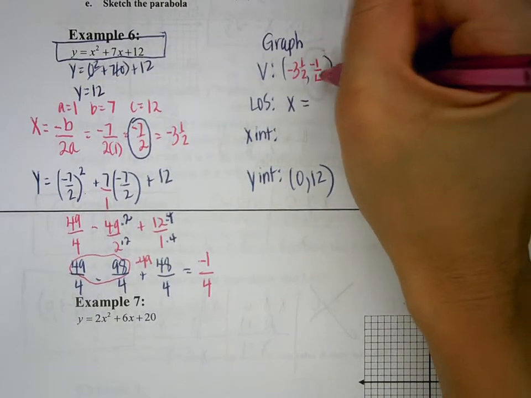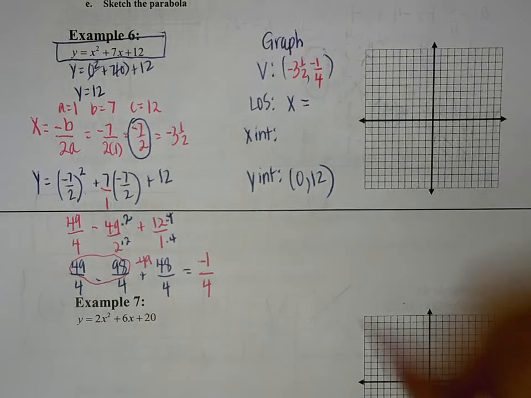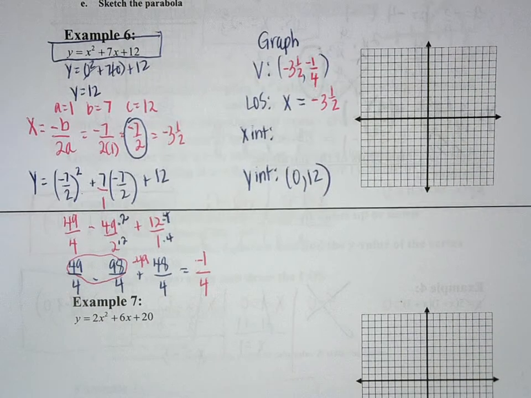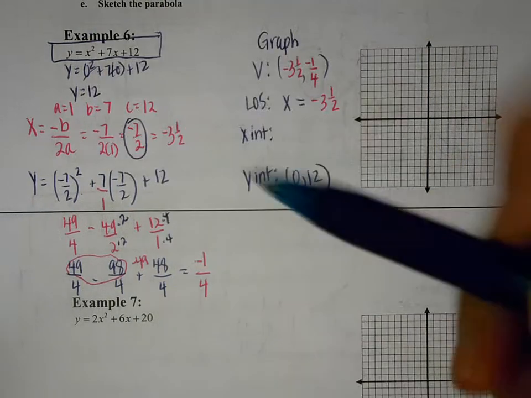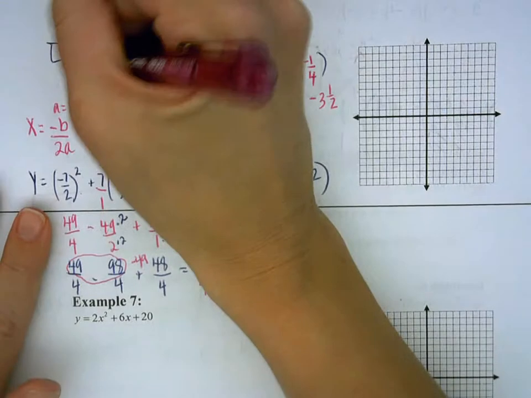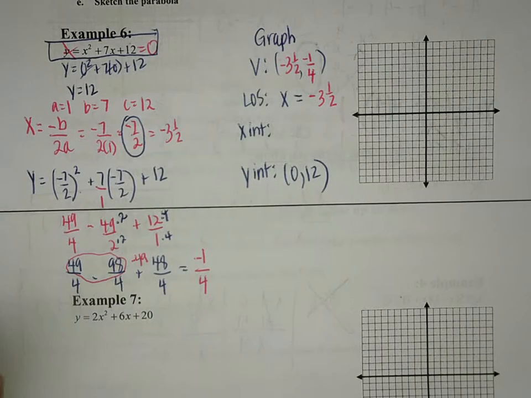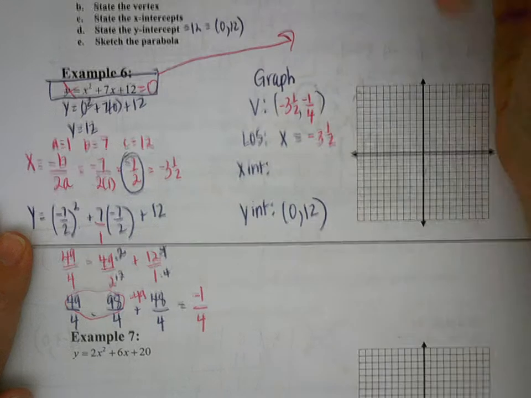My line of symmetry is what? X equals negative 3.5. How do I find my x-intercepts? Good. We come back up here. We set the y equal to 0, and then we have to factor. So what multiplies to be 12 and adds to be 7?